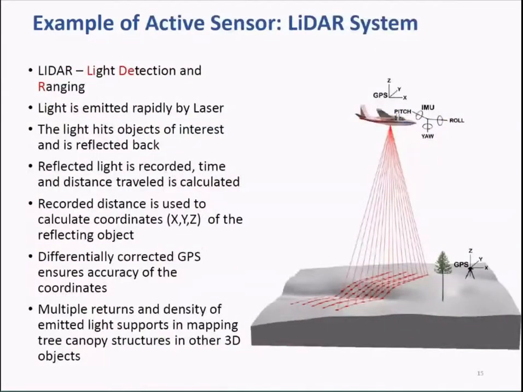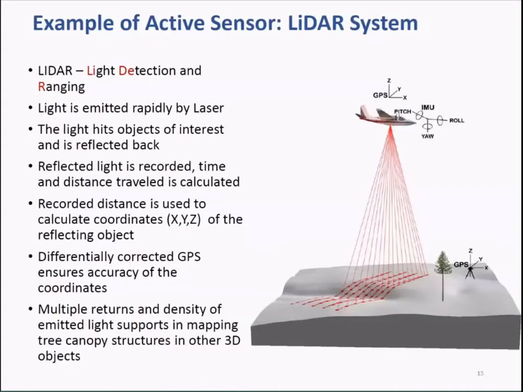An example of an active remote sensing system is LiDAR. And LiDAR stands for light detection and ranging. What happens is you have a laser that can be on an aircraft or can be on the ground. This laser emits light rapidly.